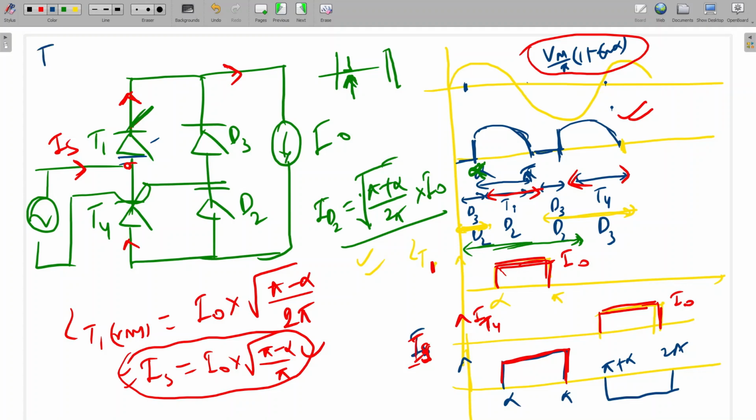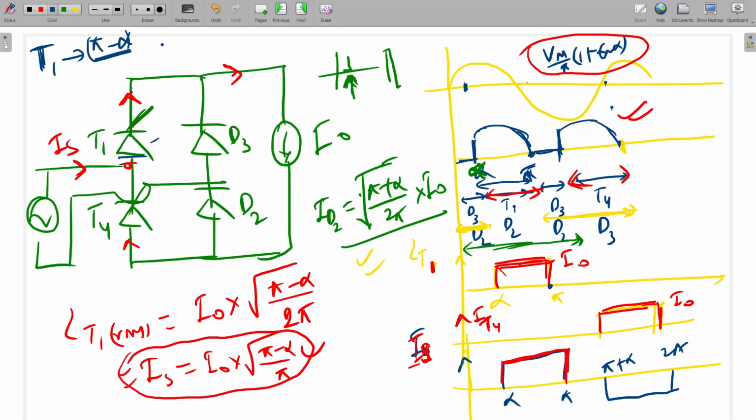Let's say for T1, what will be the conduction angle in one cycle? The conduction angle will be pi minus alpha. Here T1 is conducting for pi minus alpha. And the extinction angle means at pi, where this thyristor current becomes 0. That is called the extinction angle, meaning at that time the current becomes 0. Is it clear? Sir, at that time the voltage is 0 now, and the current is also 0, no?